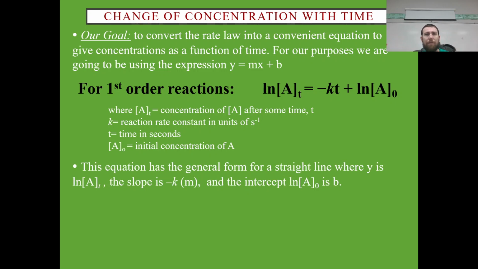To really drive this point home of how we could set this up as our slope-intercept form, our y term is going to be the ln of the [A]t component. The negative kt component of this expression is mx. And the y-intercept is ln of [A]0, which corresponds to our b term in our expression.